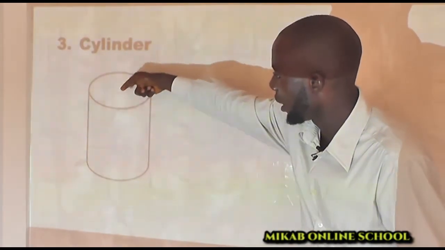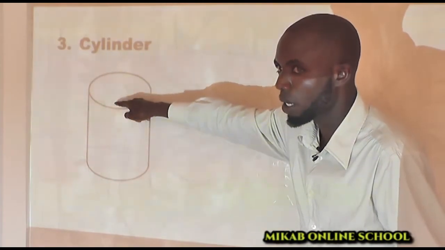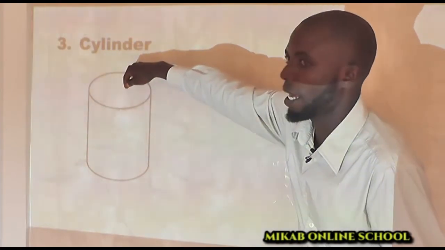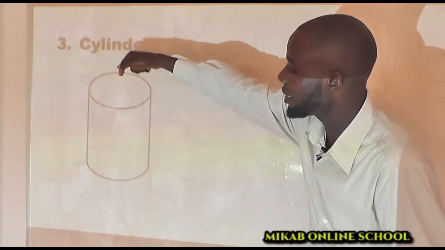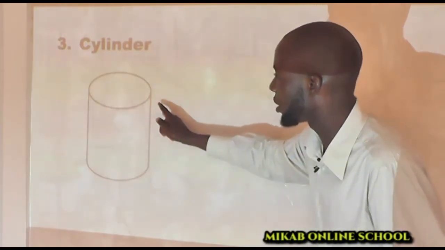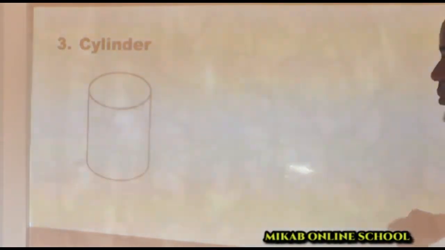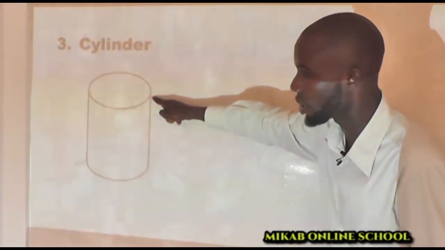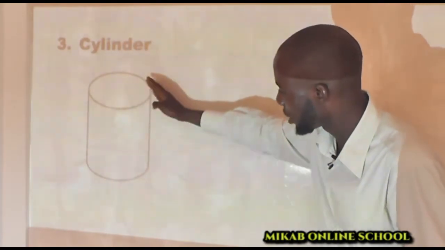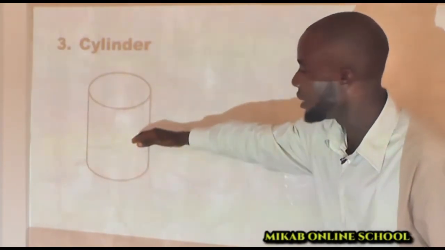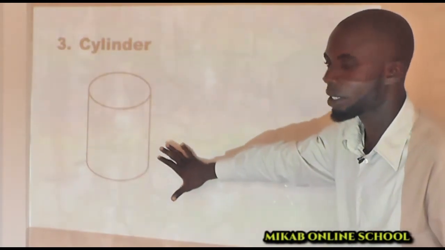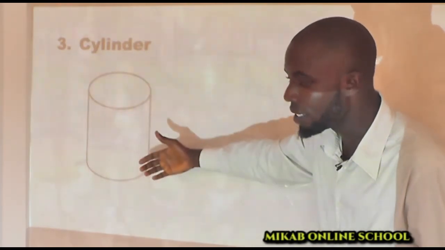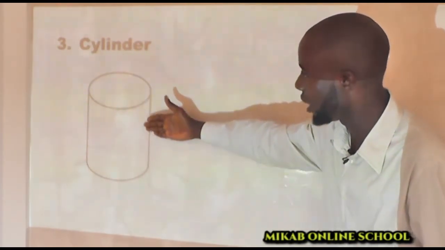Like I've said in plane shapes, a circle has a common point called the center, and any line drawn from that center to touch any part of the circumference is referred to as a radius. Likewise, the cylinder has a radius, and the radius together with the height define the cylinder. The radius and the height are the parameters that will define the cylinder.